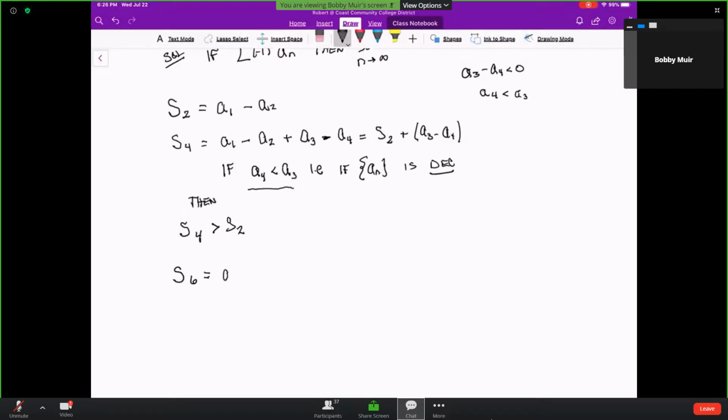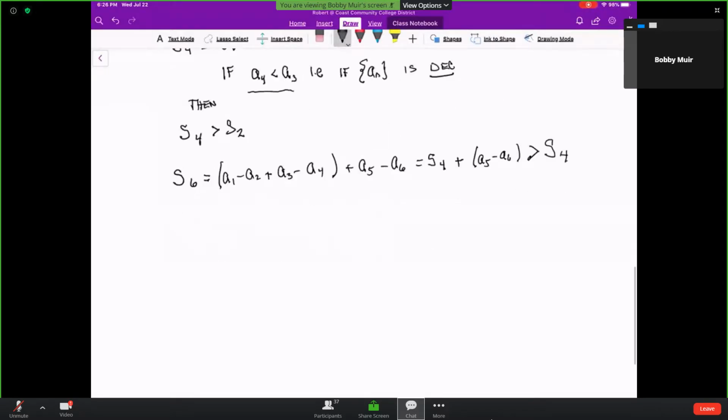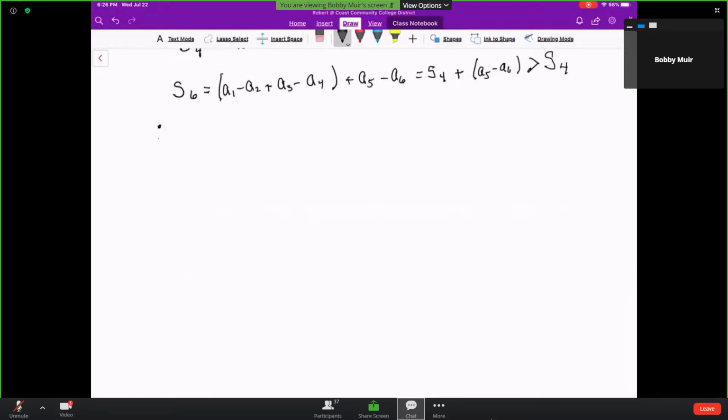He writes it as A1 minus A2 plus A3 minus A4, groups all that together, plus A5 minus A6, and realizes that this is S4 plus A5 minus A6, which is larger than S4, because A5 minus A6 would be positive, and S4 plus something positive is bigger than S4.